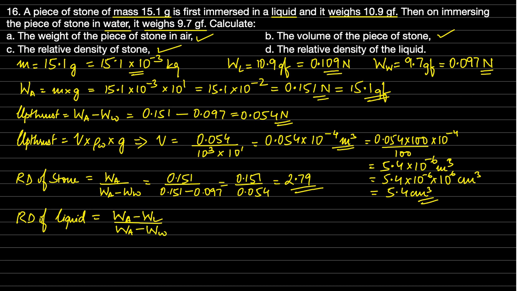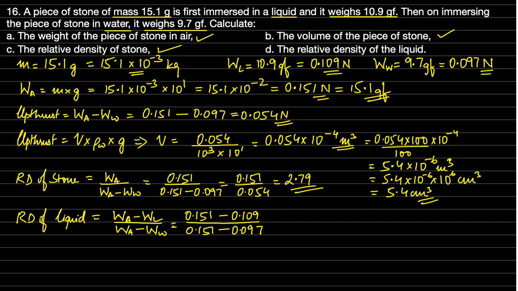So we just substitute the values. Weight in air is 0.151 minus weight in liquid, it's given above as 0.109 divided by weight in air is again 0.151 minus 0.097.